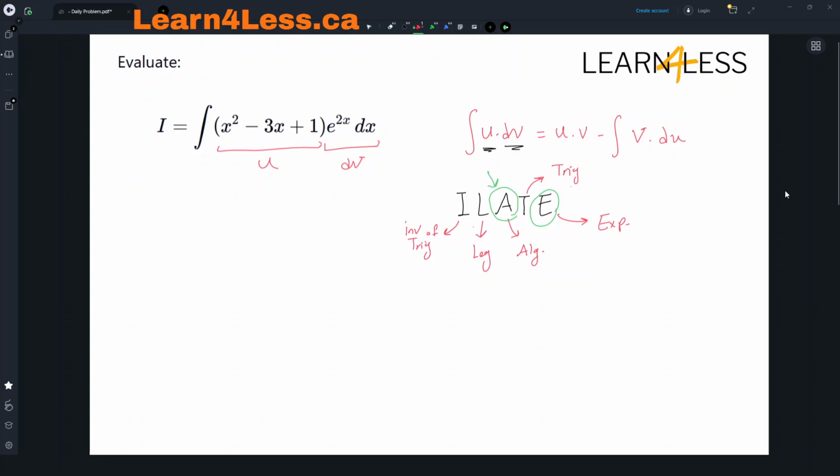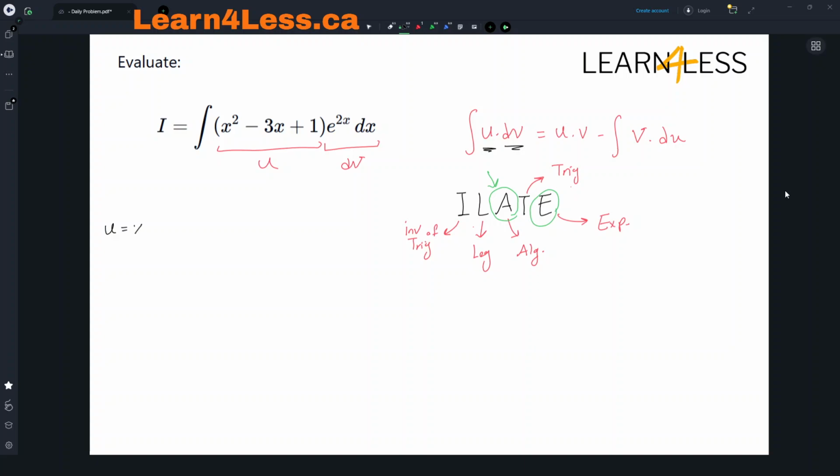Now that we have it, we can start to construct the right hand side. To write the right hand side, we need v, which is the integral of dv, and we need du, which is the derivative of u. So let's write them here.